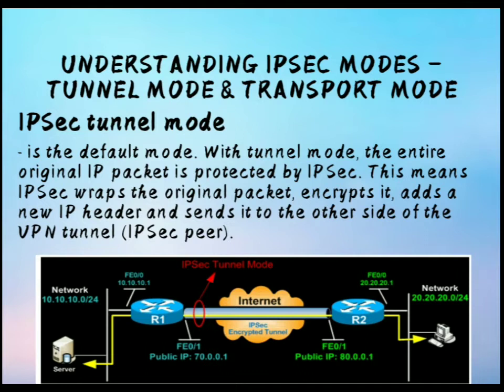So, in this example, each router acts as an IPsec gateway for its LAN, providing secure connectivity to the remote network. The client connects to the IPsec gateway. Traffic from the client is encrypted, encapsulated inside a new IP packet, and sent to the other end. Once decrypted by the firewall appliance, the client's original IP packet is sent to the local network.